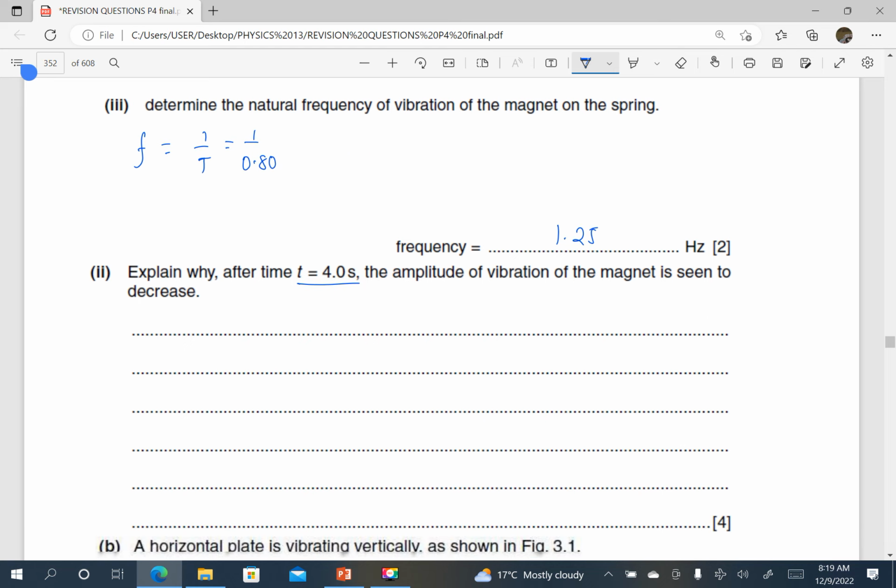So we can simply say, as the magnet moves in the coil, a current is induced in the coil.